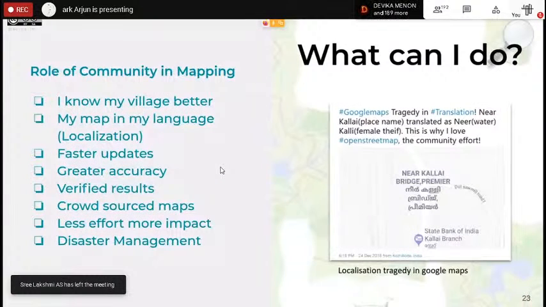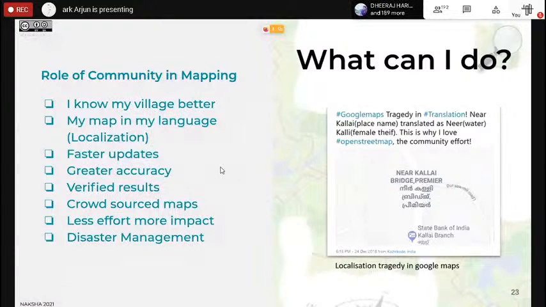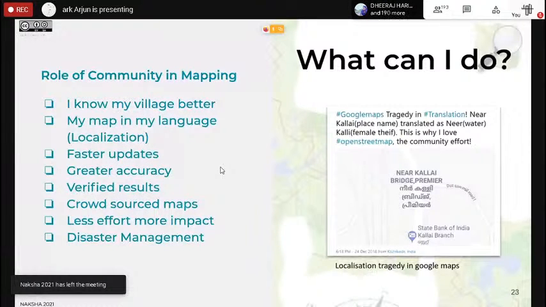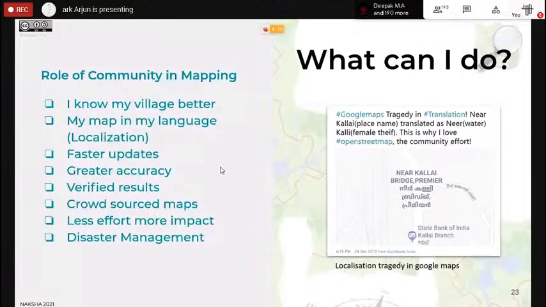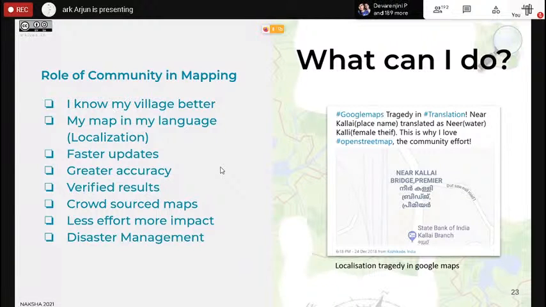But due to Google's translation tragedy in Malayalam, the localized place name seems to be like this: Near Kalli Bridge Premier. It literally translates as Near meaning water and Kalli meaning a thief of feminine gender. See how the Near Kallai Bridge has turned into a thief. It is totally tragic, isn't it?